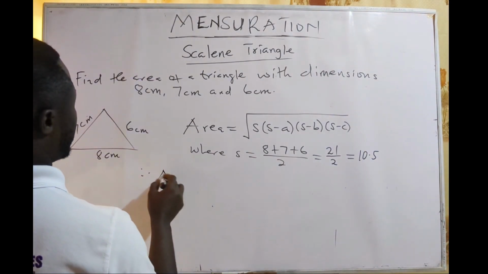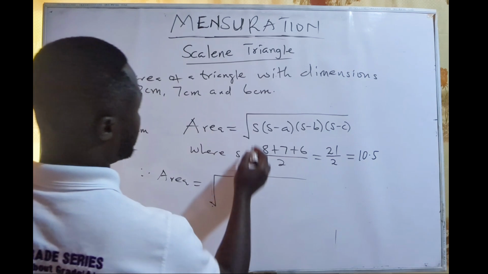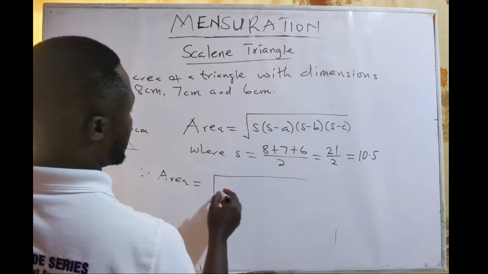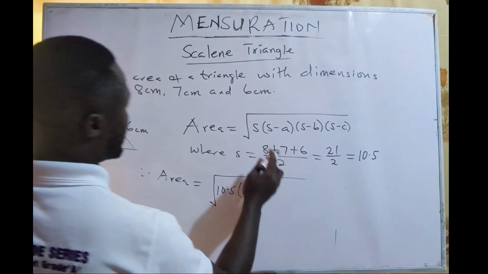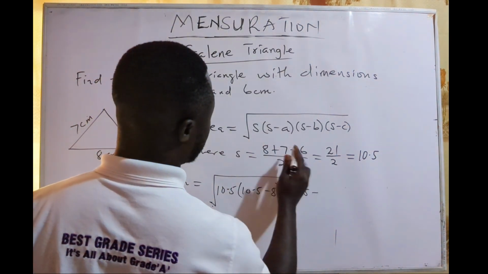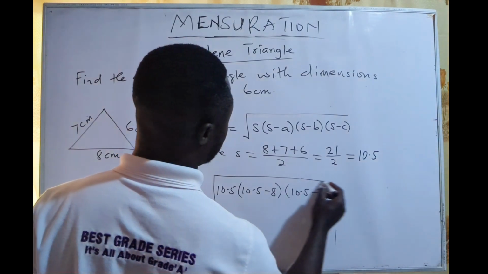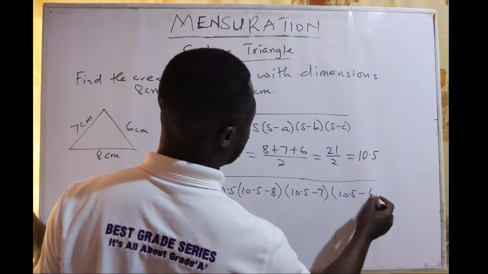Therefore our area is going to be the square root of s, which is 10.5, and then 10.5 minus 8, 10.5 minus 7, and then 10.5 minus 6.